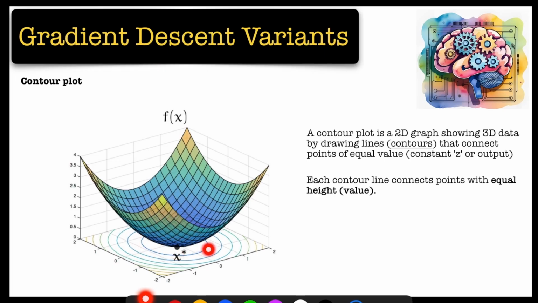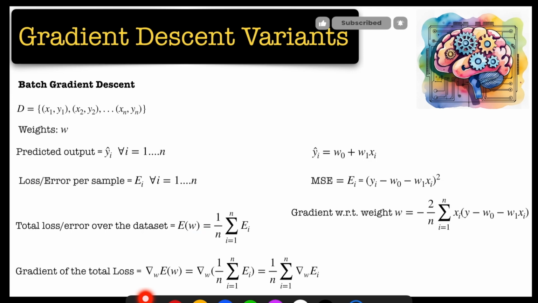You see these circles; these represent points that have the same heights. Each contour line connects points with equal heights. As we move outwards, these circles represent points with much higher heights. We'll use this in our discussion, that's why I quickly covered this.